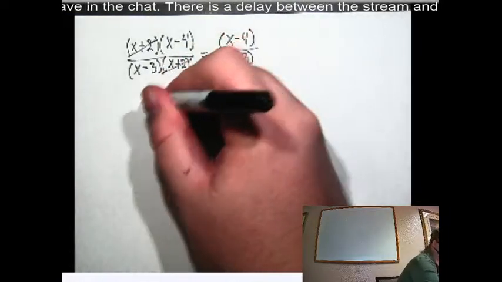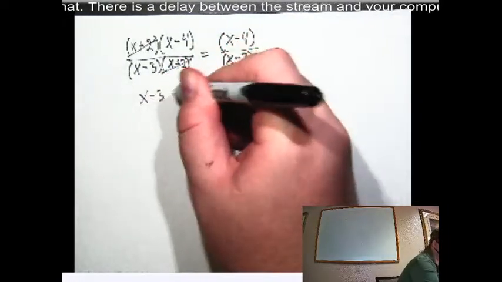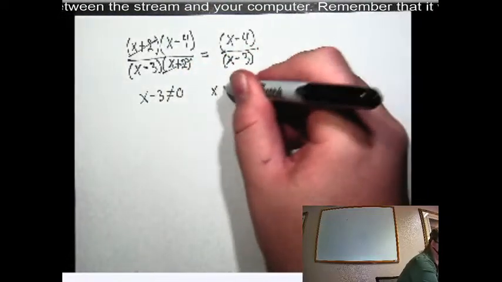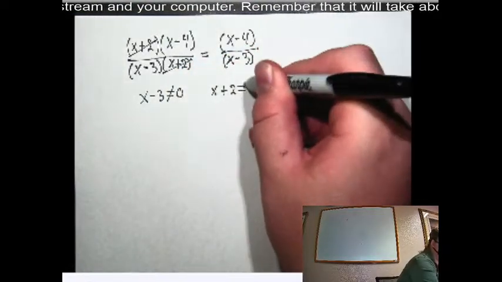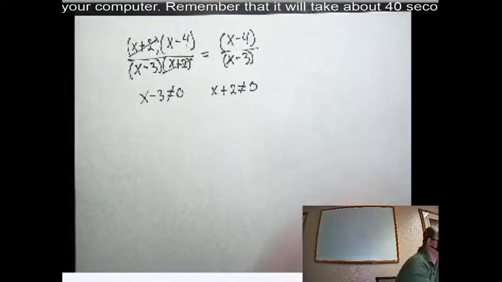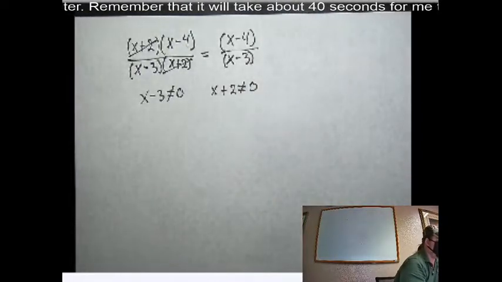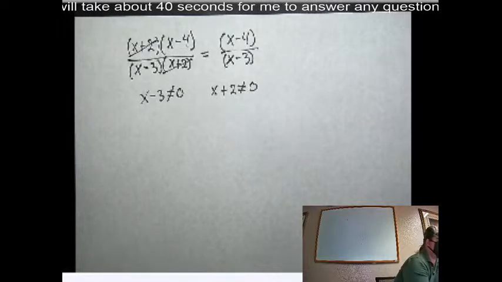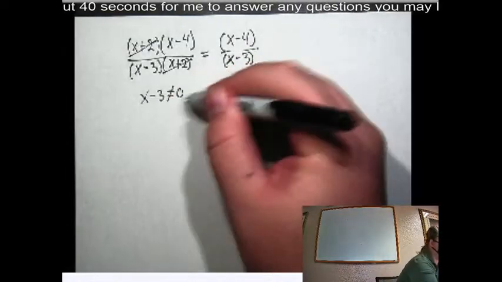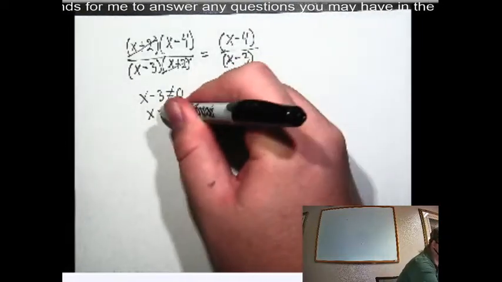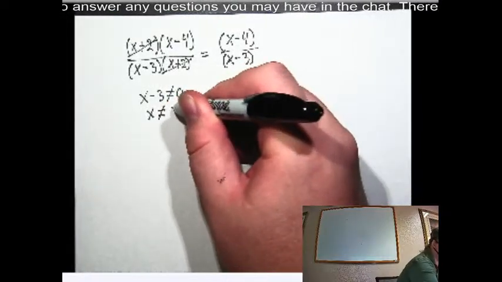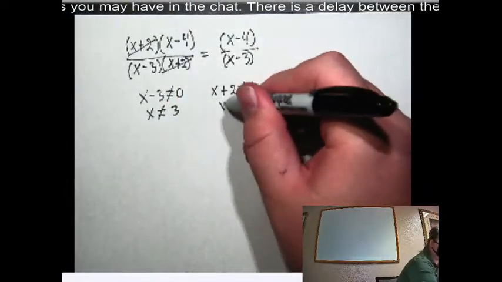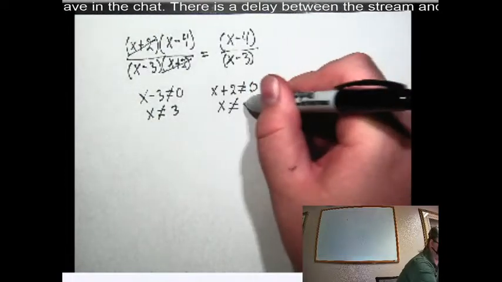So we have to say, all right, x minus 3 can't come out to be 0, and x plus 2 cannot come out to be 0. So we then solve them, add 3 to both sides to get x cannot be equal to positive 3. Subtract 2 from both sides, and we get that x cannot be equal to negative 2.